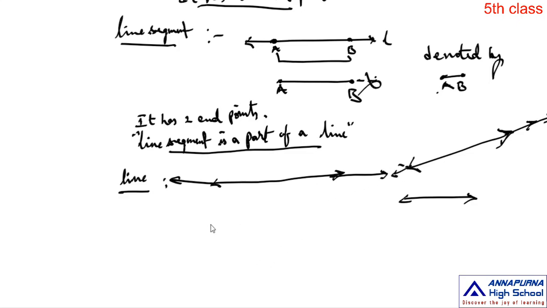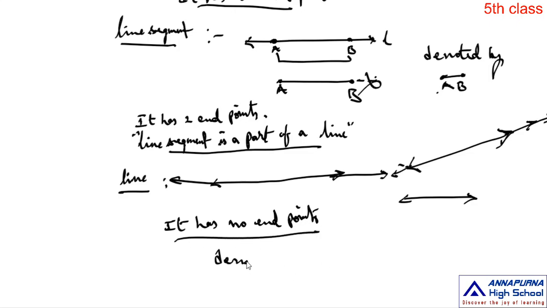We can extend in both directions. Therefore, line means it has no endpoints. It is denoted by this symbol.